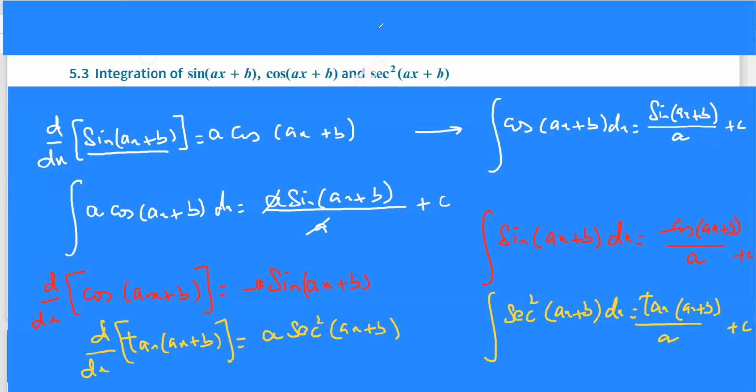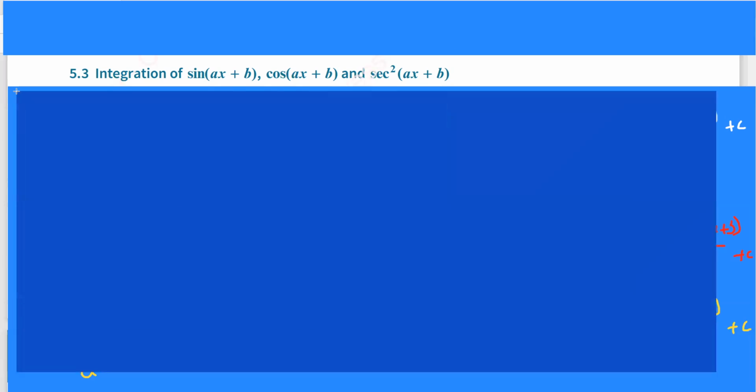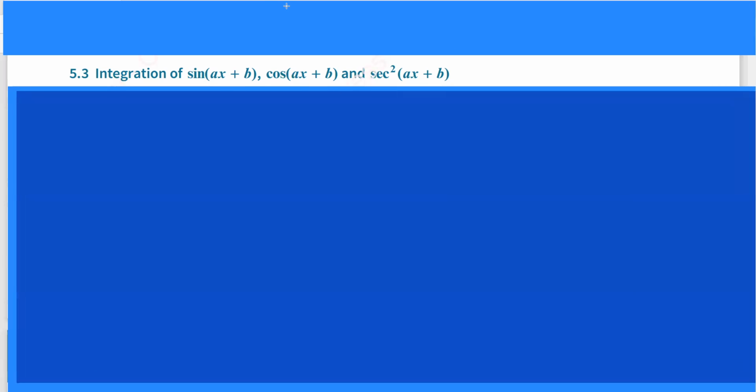So you need to remember that when you are integrating the trigonometric functions, you can only directly integrate sine x, cos x, and secant square x.